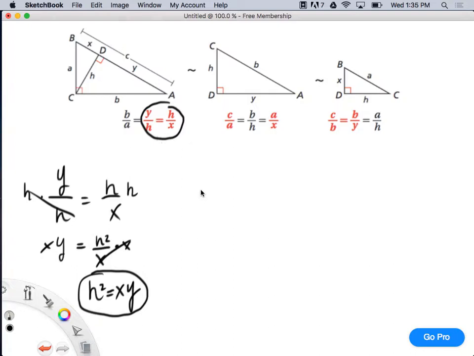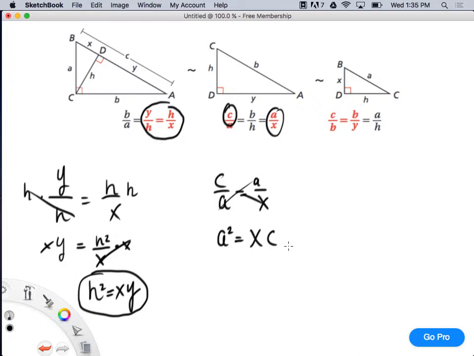Now let's use these two. Look, C over A and A over X. So we get C over A equals A over X. Cross multiply and we get A squared equals CX, or let's say X times C. So now we look at this triangle and we see A squared, so this side squared equals X times C. See that?